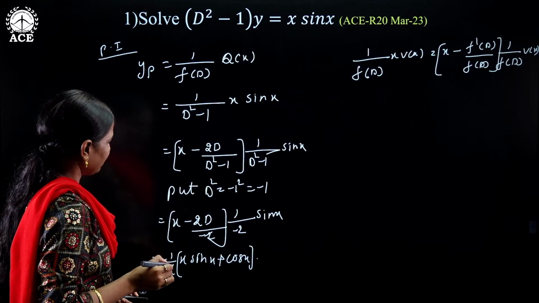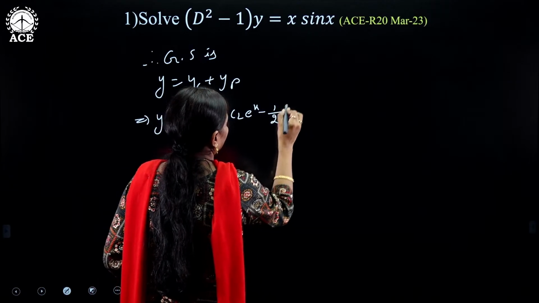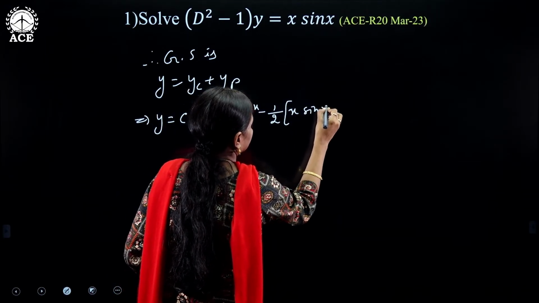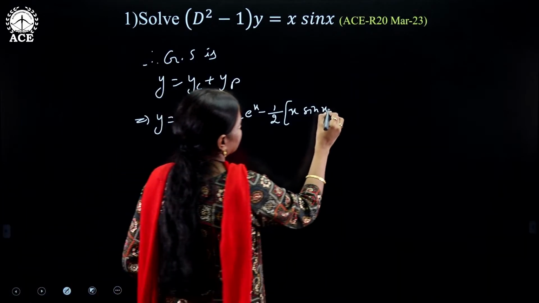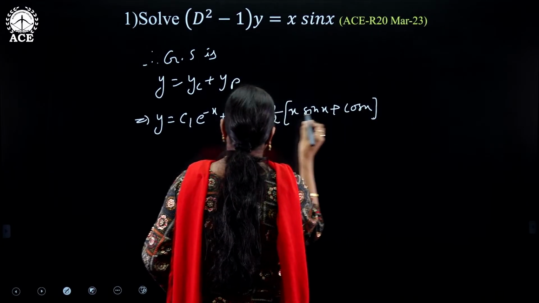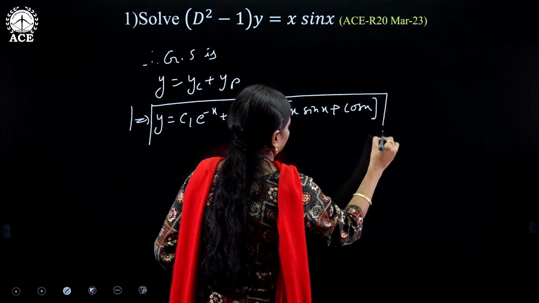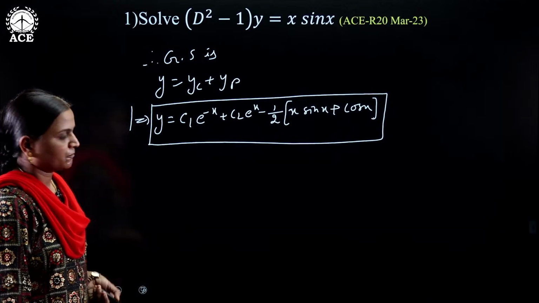Next, what is the yp? Yp is minus 1 by 2 into x sin x plus cos x. This is the required general solution of the given differential equation.